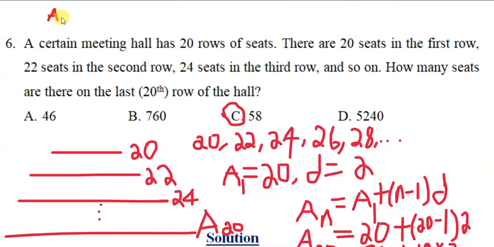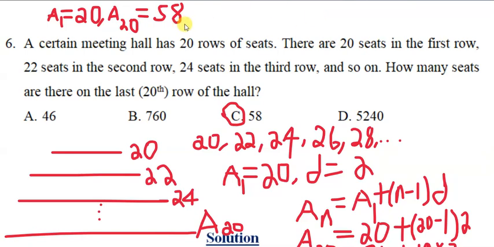We can leave the common difference aside in this case, because we have the last term, a20, which is equal to 58. Using this information only, we can find the total number of seats in the meeting hall.